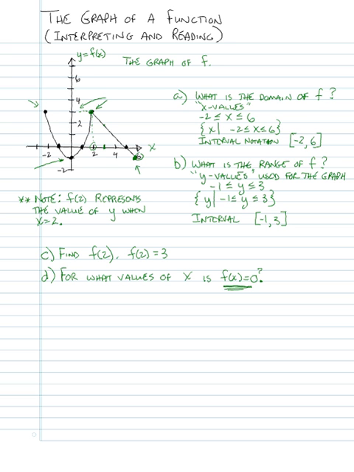That's y is equal to 0. So what we're doing is we're going on the graph where y is 0. Well, y is 0 along the x-axis. And so we look to see what points are on the x-axis. And so we're talking about this point, here, here, and here. So those all have a y value of 0.